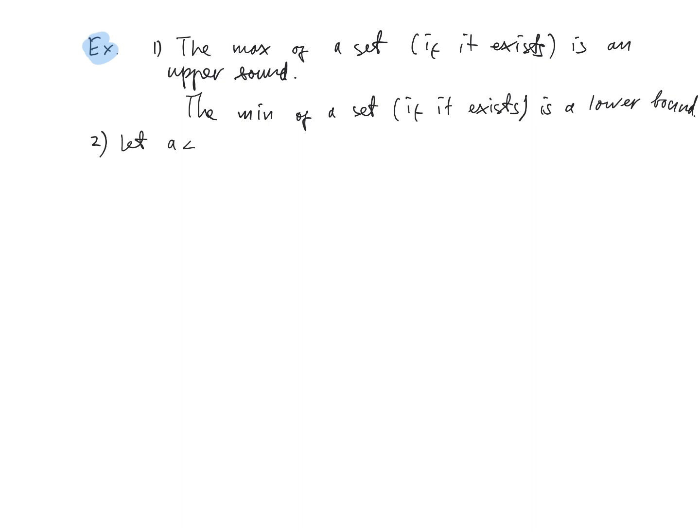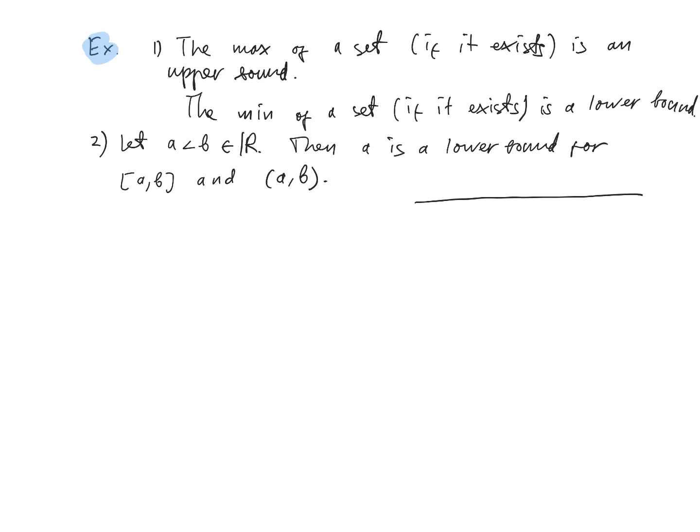Let a less than b be arbitrary real numbers. Then a is a lower bound for both the closed interval ab and the open interval ab. Indeed, let's draw it on the real line.